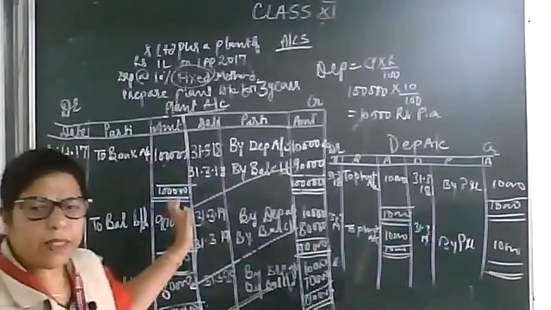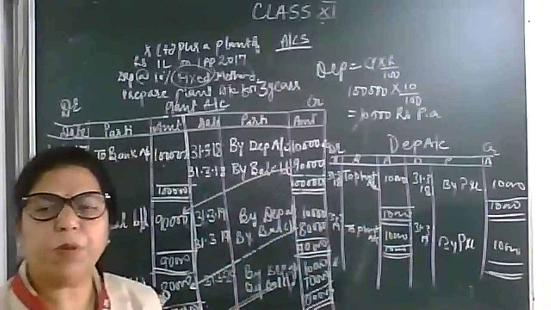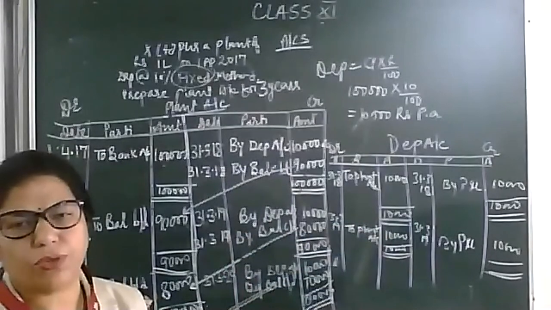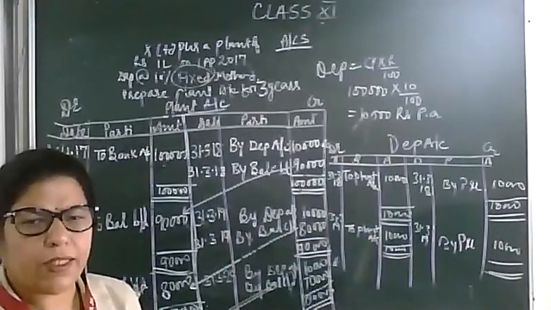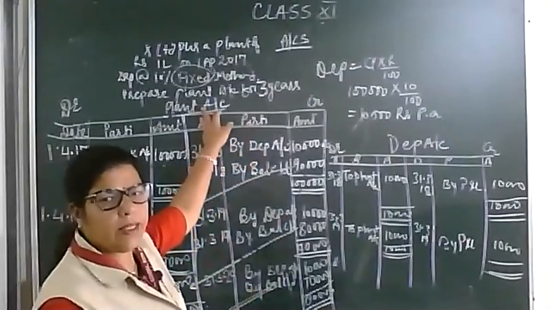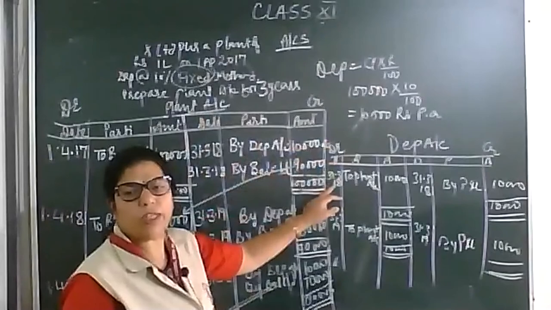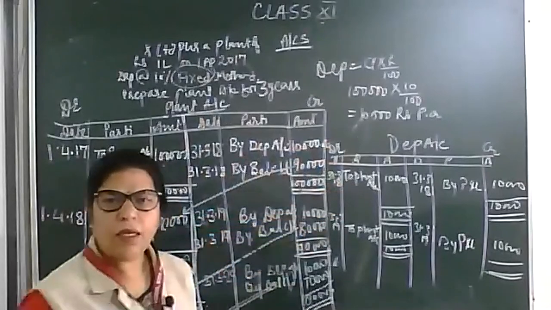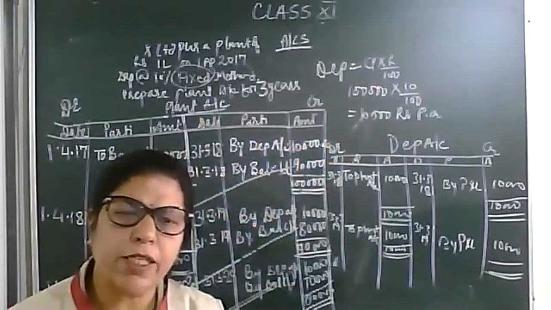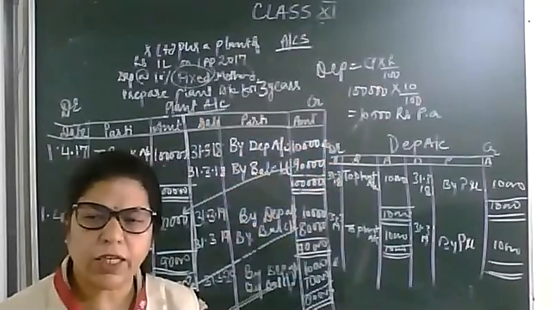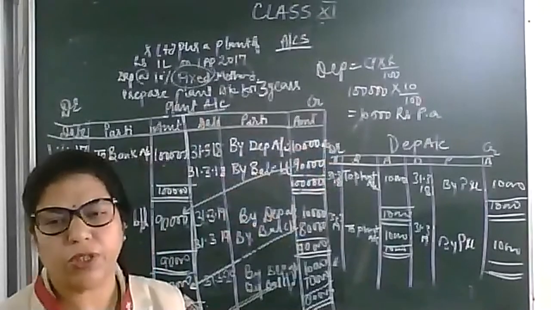So, in the same way, you can prepare the depreciation account also. It's very easy. See, here in the plant you will get depreciation, so in depreciation you will write plant. And the depreciation is an expense for the business. That's why it should be transferred to the profit and loss account.